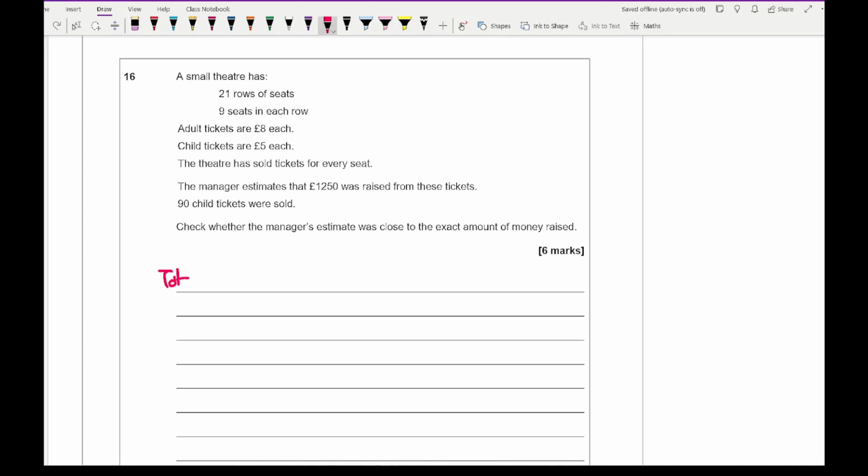So the total number of seats, well, for that I need to use this information here, so it's going to be 21 times 9. Now 21 times 9, let me just work that out, so I've got 9, 18. So then what that becomes is 189.